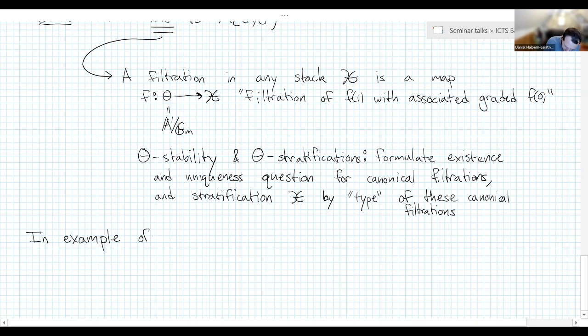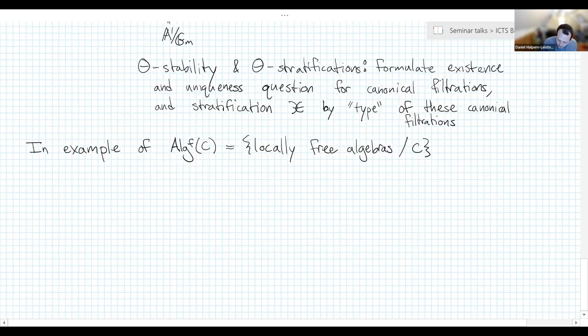An example of, let's say, the moduli, I'll call it algebras locally free over C. So this is the moduli of locally free associative algebras. So here's what you get in this example.